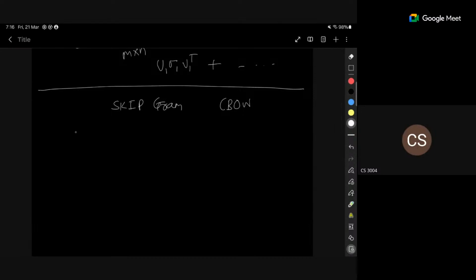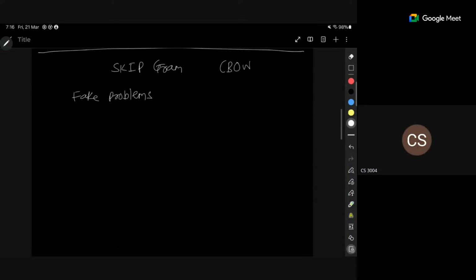So what are these? Actually, these are fake problems. By that I mean, let's say I have the words I am, and I have to predict what is going to be next, like going, running, walking, eating. These are the next words which I want to predict. This is one fake problem. We don't actually care about this problem.